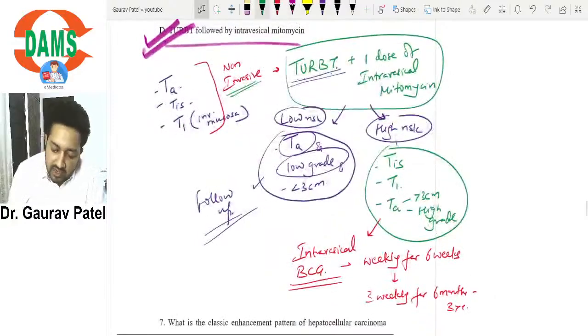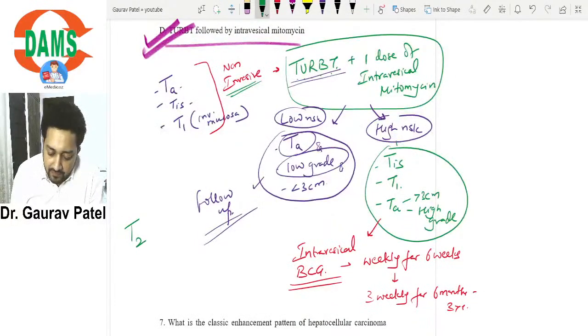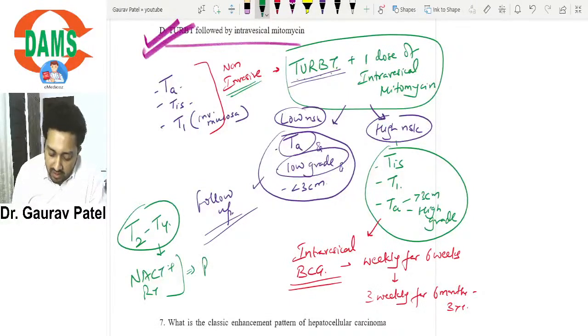More than that, if it involves some detrusor muscle or perivesical fat, that is T3, or if it goes outside, T4. In these cases, first you give neoadjuvant chemotherapy and radiation, followed by radical cystectomy.